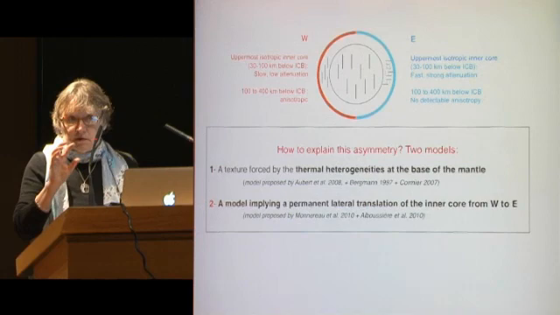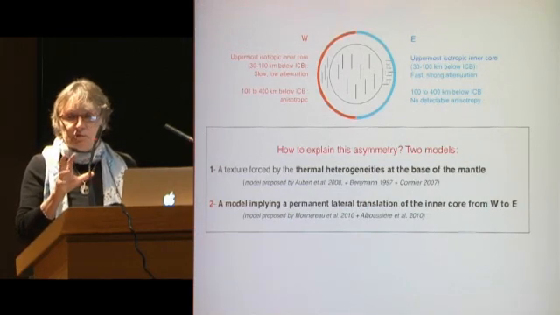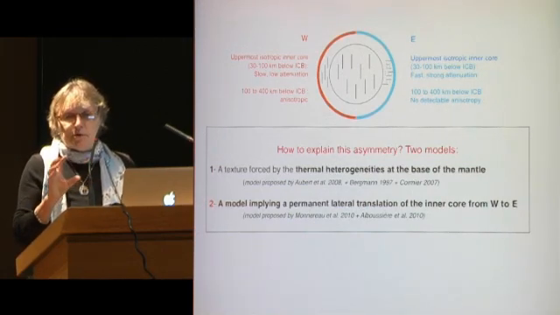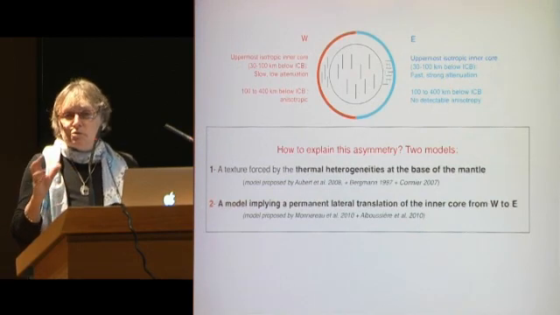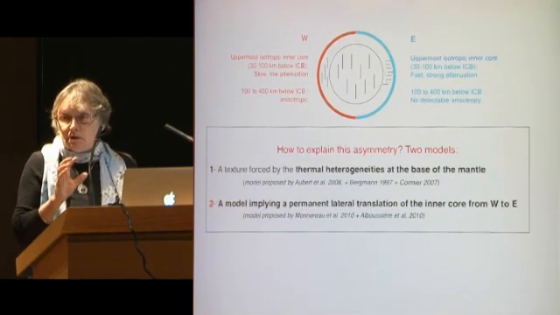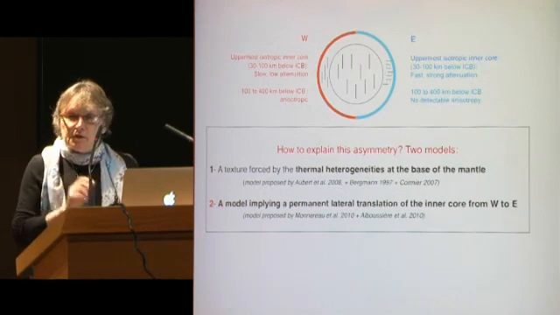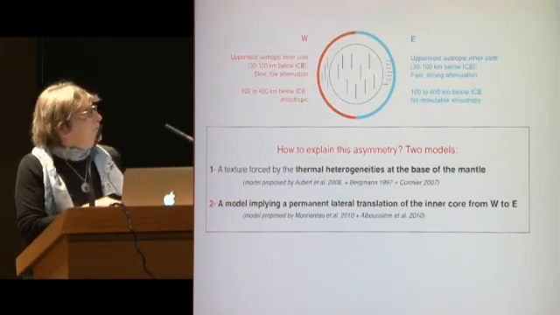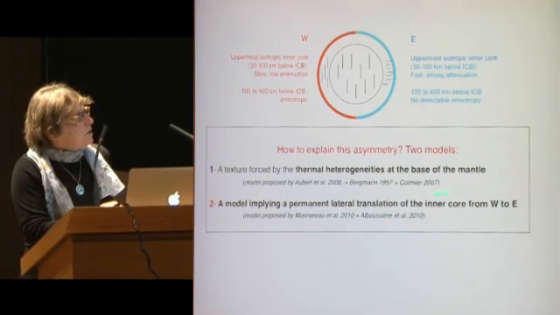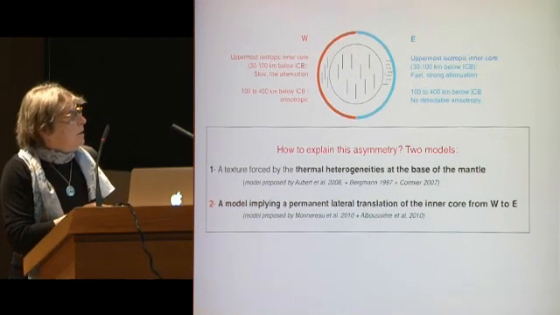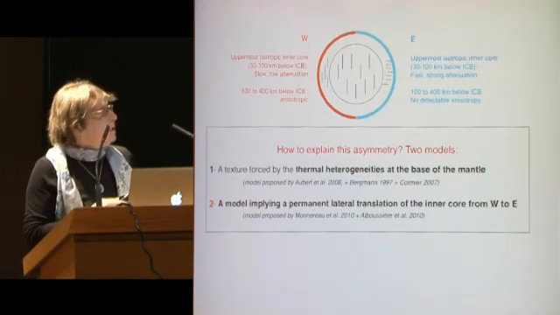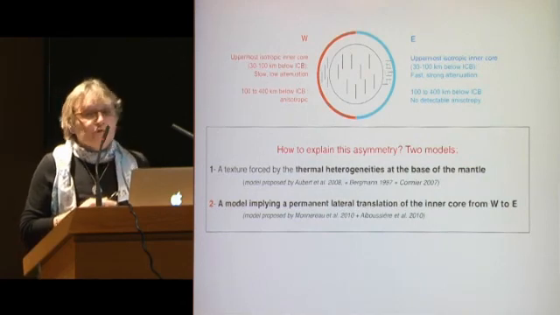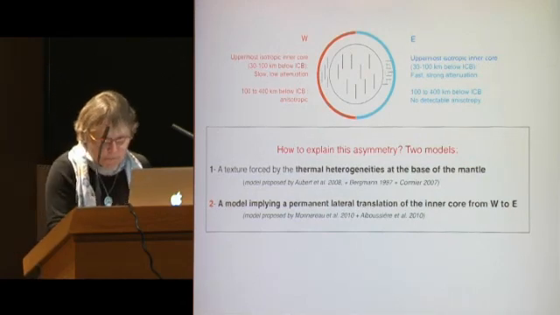And this difference of flow at the top of the inner core will induce different textures on the two hemispheres of the inner core. I will mostly speak about this second model, which implies some modes of convection inside the inner core.